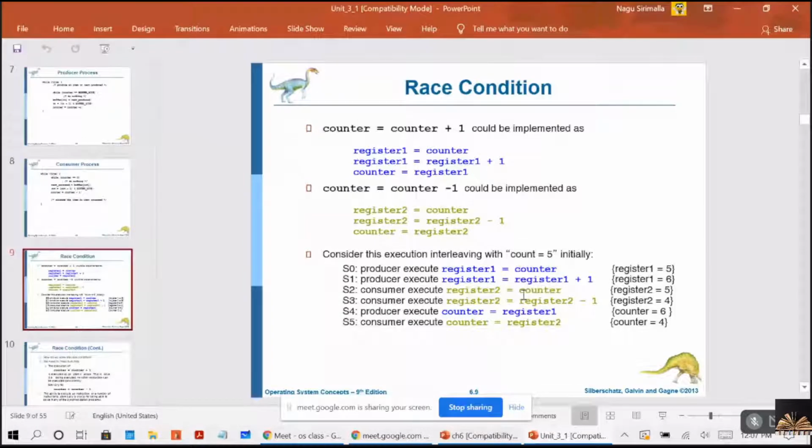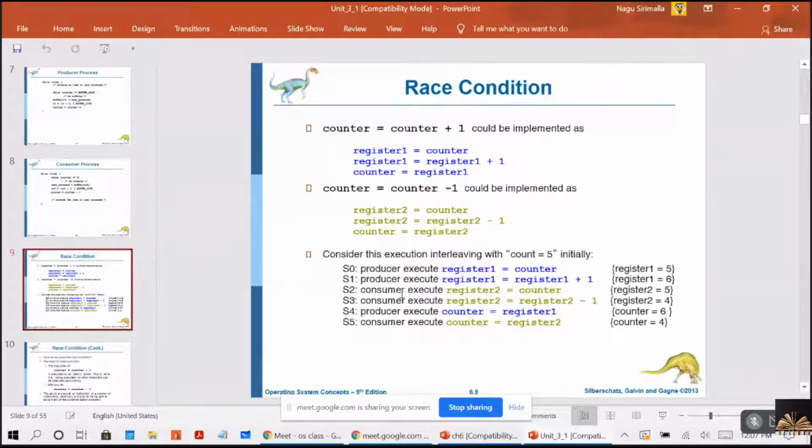Then the counter will be incremented by 1. Register plus 1, now the counter becomes 6. Then when the consumer is executing, that means the consumer is consuming some item, initially it is in register 2, where the counter value is held.